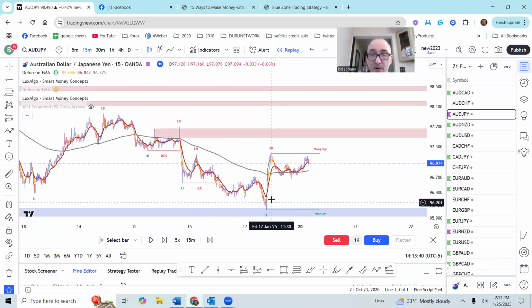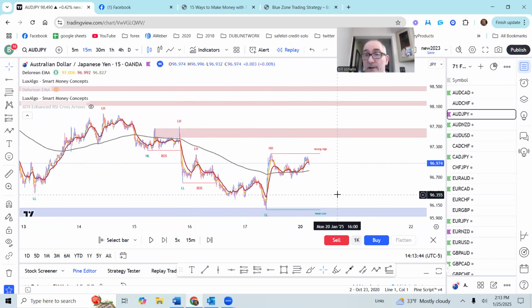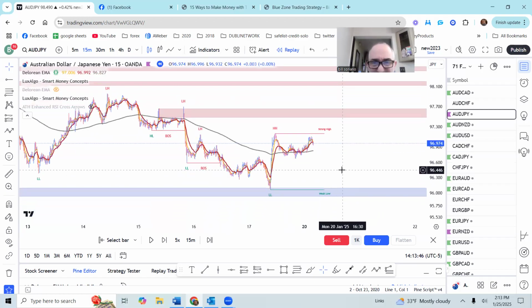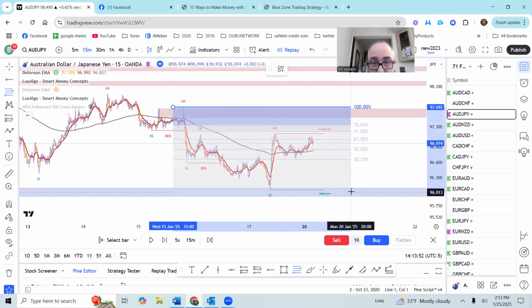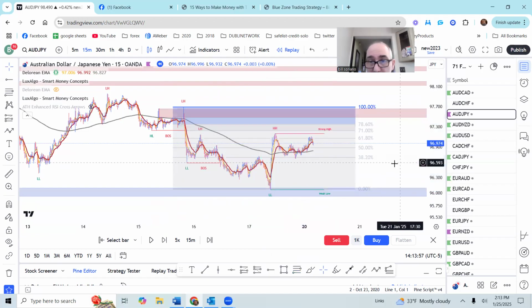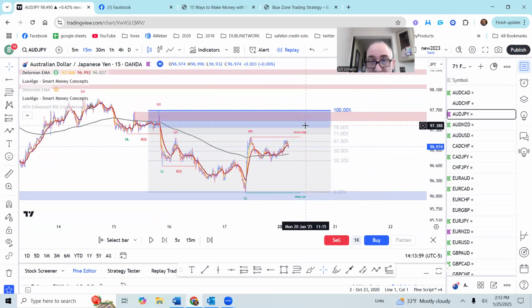So you could possibly be looking to take a sell here, right? Let's see how that would work out for you. Your fib was drawn from there to there, and you're waiting for price to come back to the 78.6 to decide whether or not you want to take a sell, right?